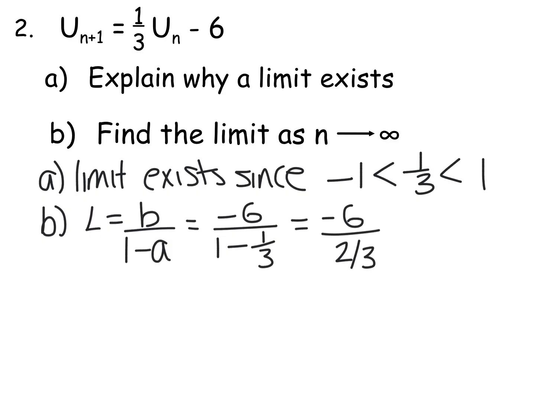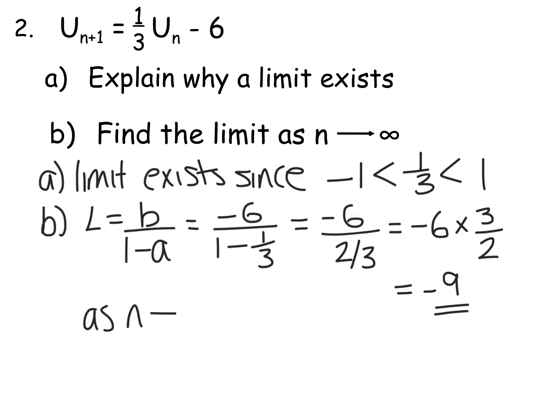Now we don't like that. Please remember, dividing by a fraction is the same as flipping it and multiplying. So that is the same as minus 6 times 3 over 2, which is minus 18 over 2, so minus 9. So as n approaches infinity, your limit will go to minus 9.